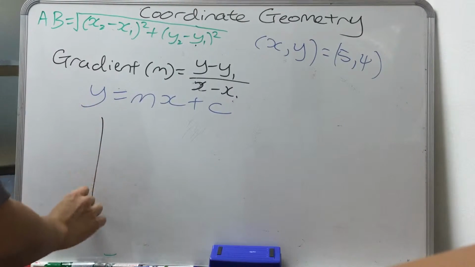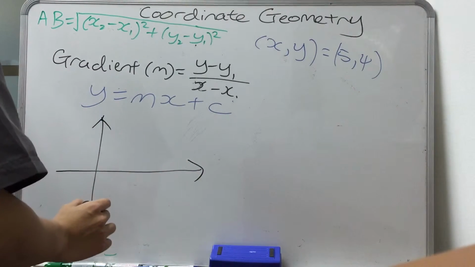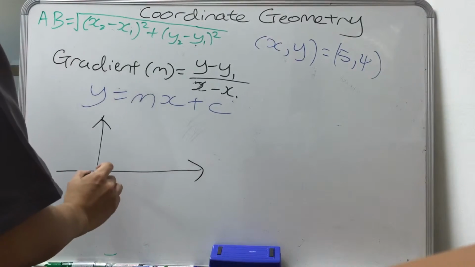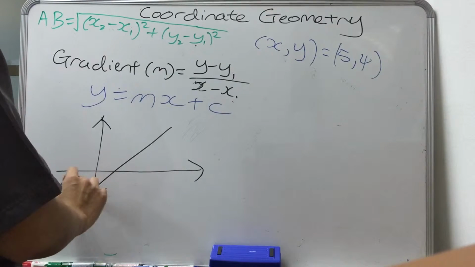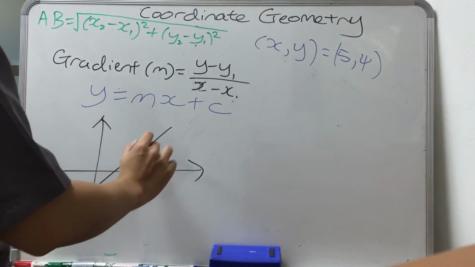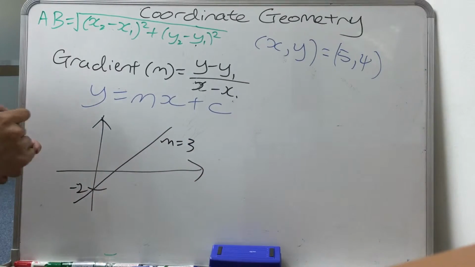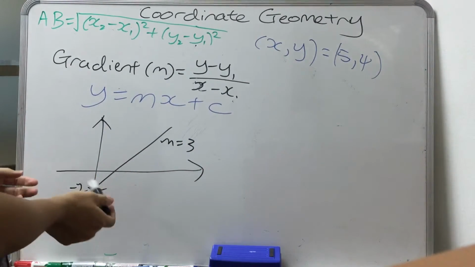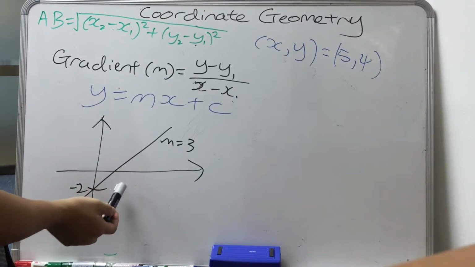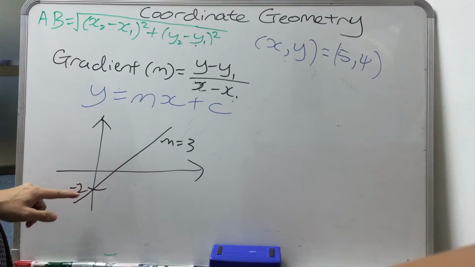So I'll give you an example. What is the equation of this line? So this line is as shown. And the gradient of this is 3. How do you represent this into the equation of a line? If you look from here, this is the y-intercept.